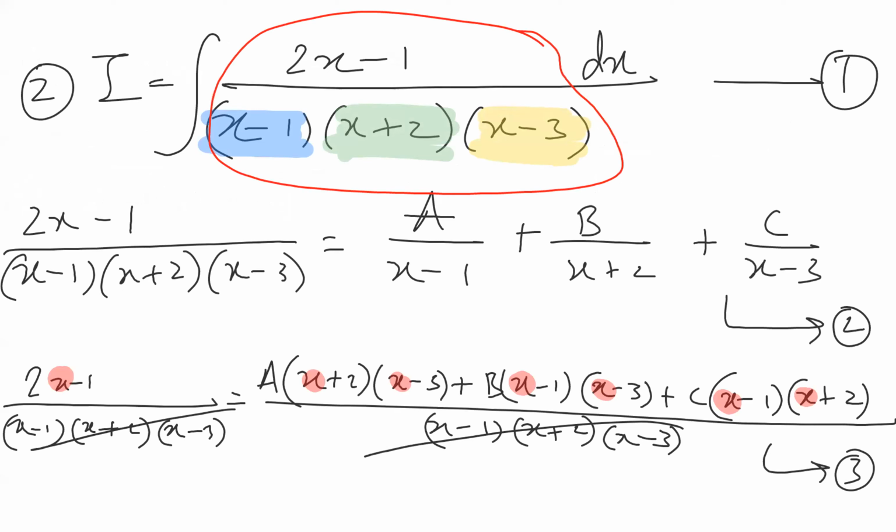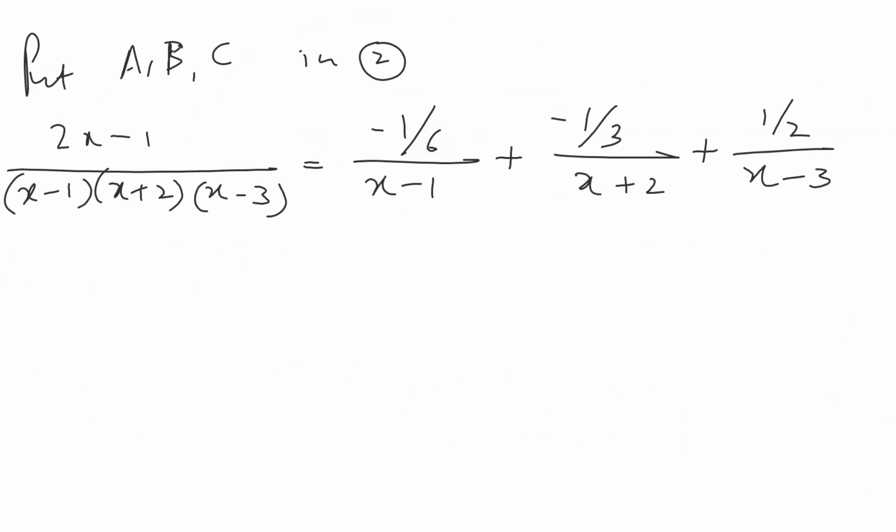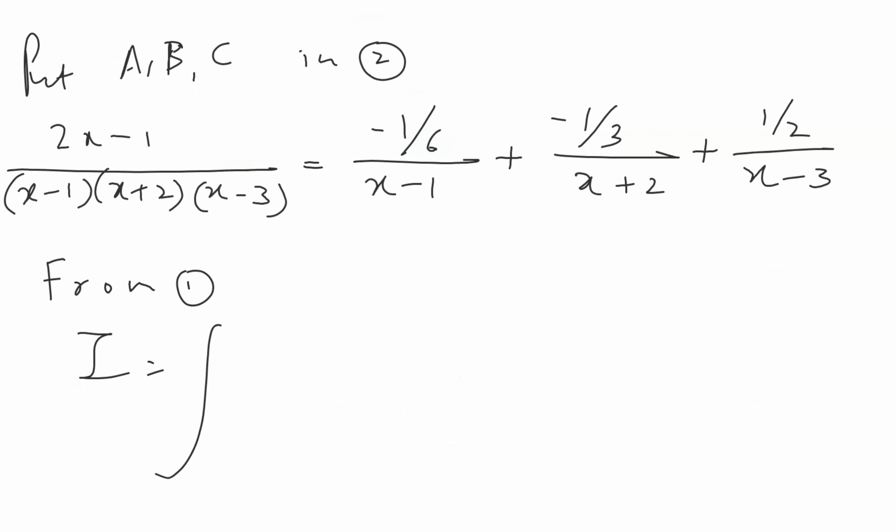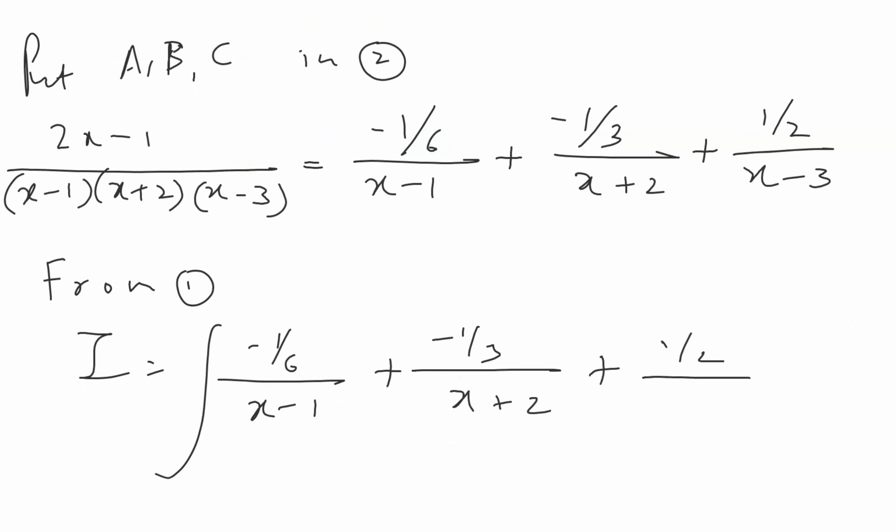So from 1, we have the integration of, instead of this, we'll write down the right hand side: minus 1 by 6, x minus 1, plus minus 1 by 3, x plus 2, plus 1 by 2, x minus 3, dx.